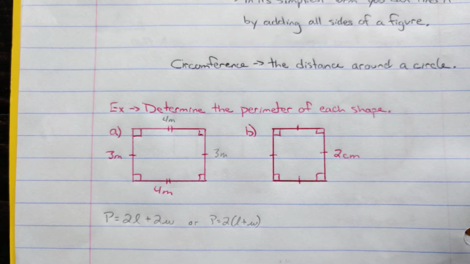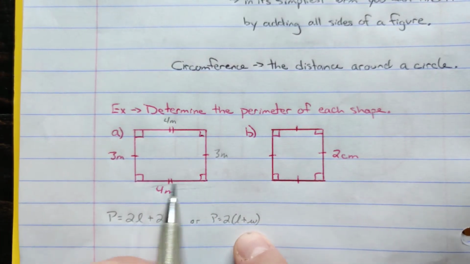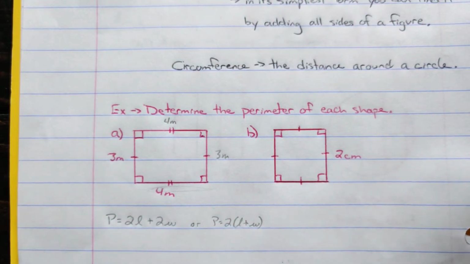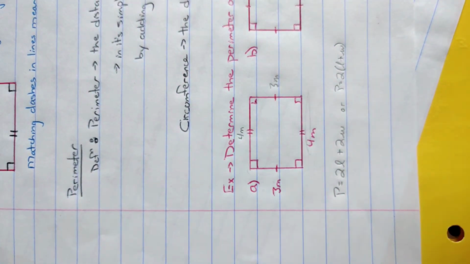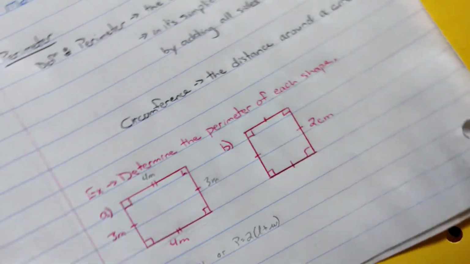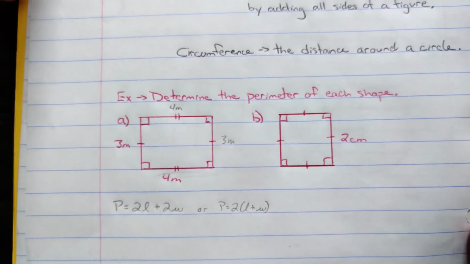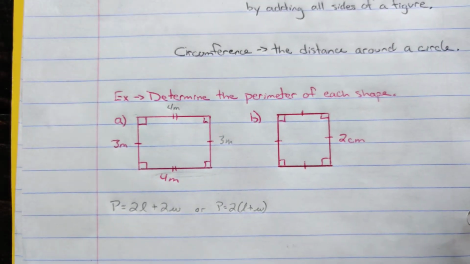Does it matter which number is length and which number is width? No. So if this is the width of the rectangle because that's how you see it, when I turn the rectangle this way, then this would be the width. It doesn't matter which side you label which, as long as one side is the length, one side's the width.